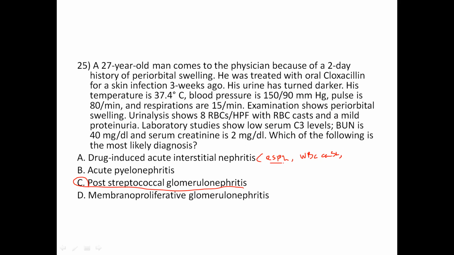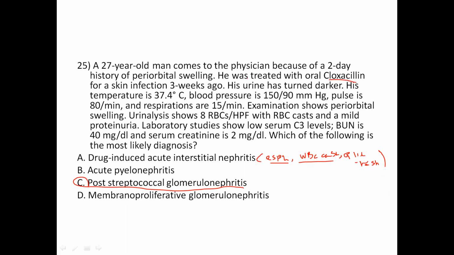Another very important clue is that if it is drug-induced, we may see an allergic reaction, especially rash, or other allergic features. This patient doesn't have any rash, and even cloxacillin is not the most common cause of drug-induced acute interstitial nephritis.